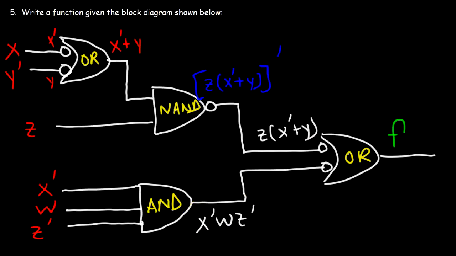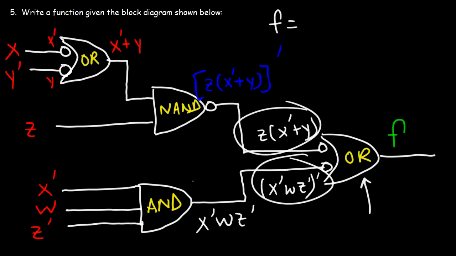But before we do that, we need to change the signal because when it arrives at the input, we are going to get the complement of that signal. So the new signal is going to be X prime W Z prime, prime.